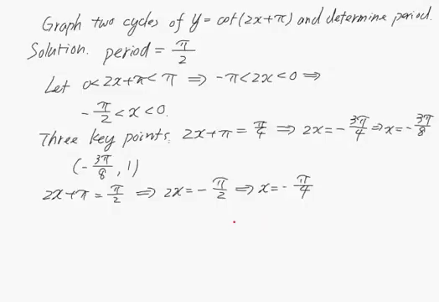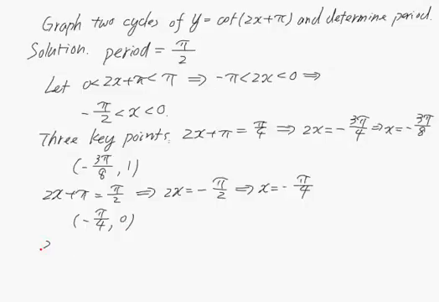And we know cotangent of half pi is equal to 0, right? So that means we have the ordered pair negative pi over 4 and 0. If you plug negative pi over 4 in, you get the cotangent of half pi, which is equal to 0. So we get this ordered pair.